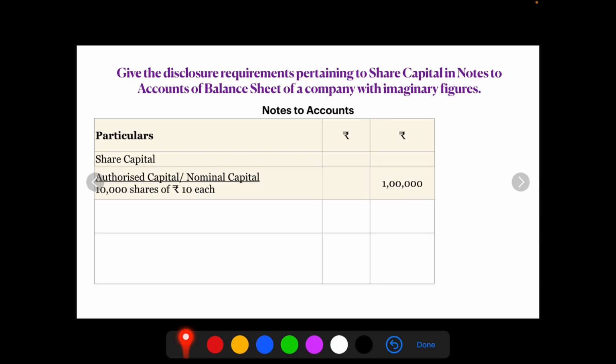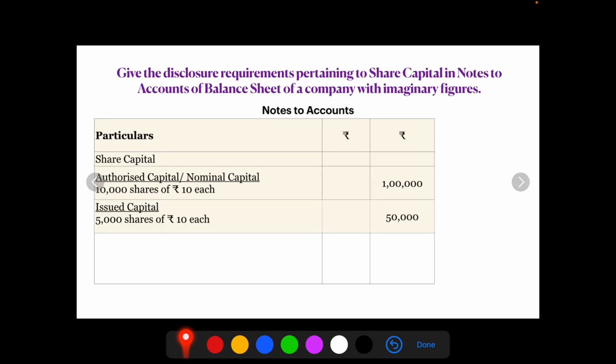Over there, we have discussed the various categories of share capital; from an accounting point of view, share capital is known by different names at different stages. So over here, we have the authorized capital, which is 10,000 shares of rupees 10 each. So 10,000 into 10 is 1 lakh.